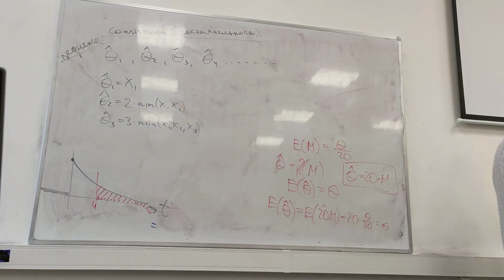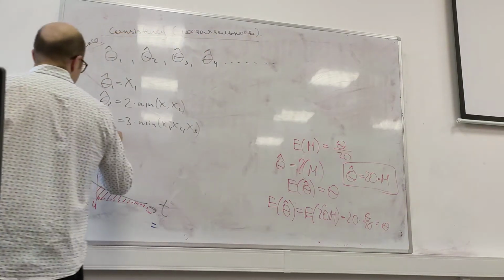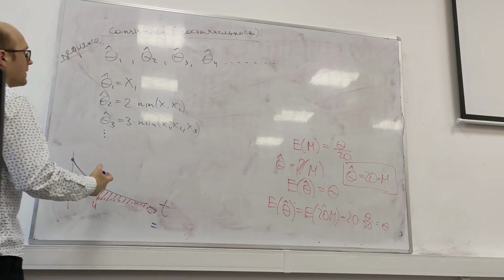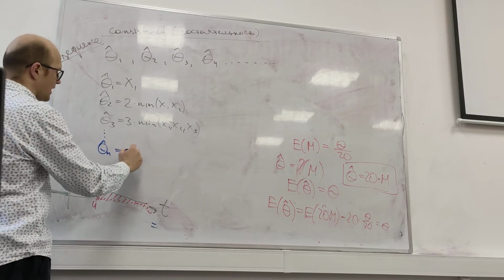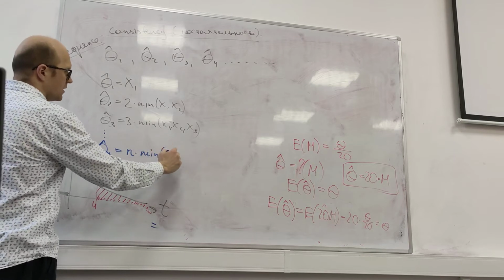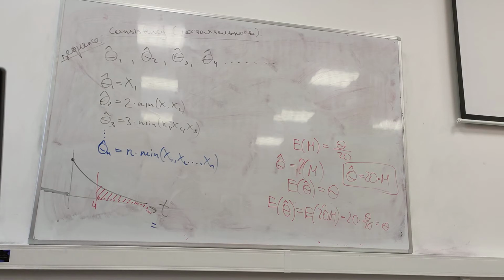We can check whether a particular estimator is unbiased for 20, and this one is unbiased. But to check consistency, we need a general formula that depends on n. In our case, it will be n times minimum of x1, x2, ..., xn.